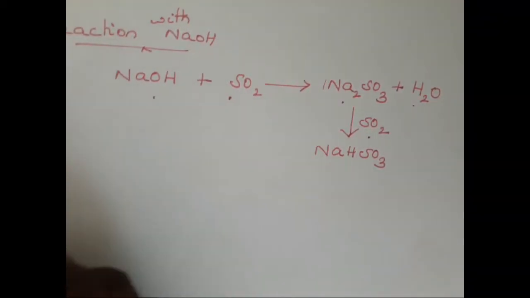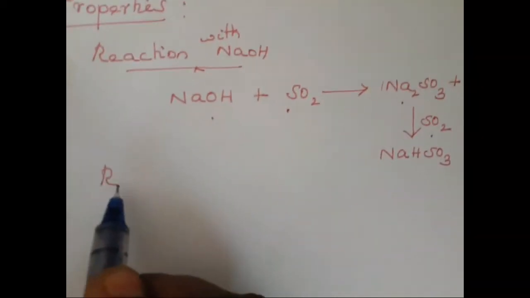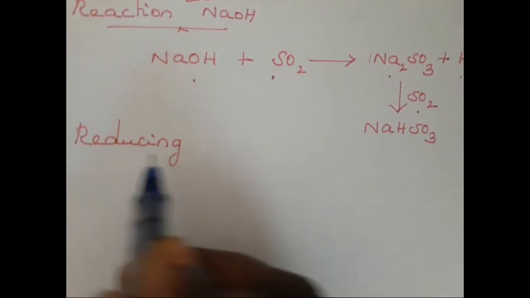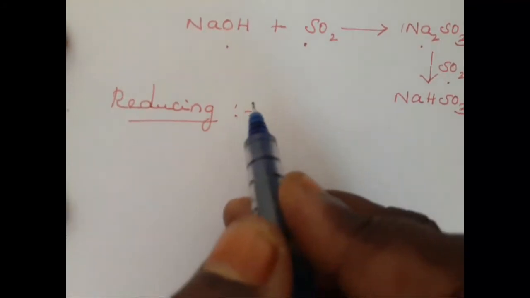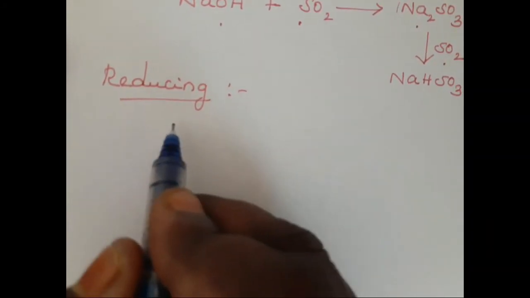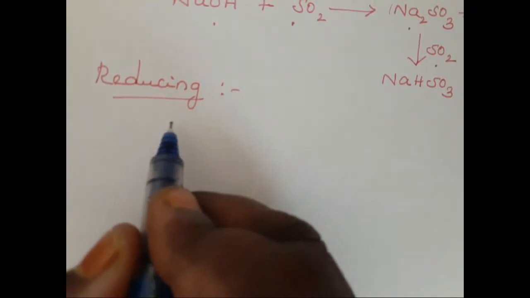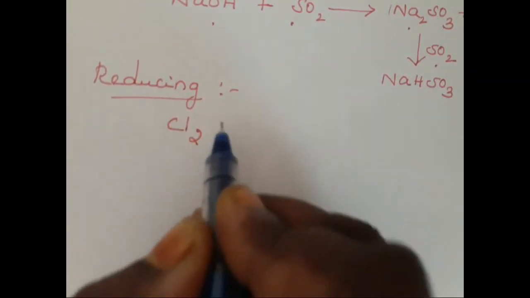Right children, now let us see the reducing property of sulfur dioxide. Sulfur dioxide is a very good reducing agent. It has the capability to reduce halogens to halogen acids. Let us see an example for this.